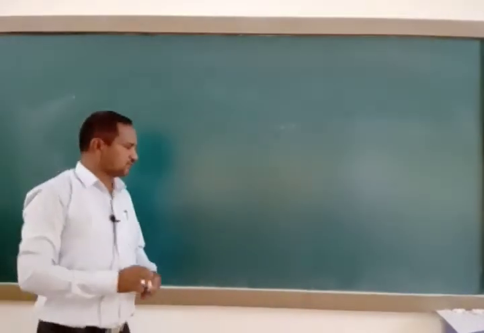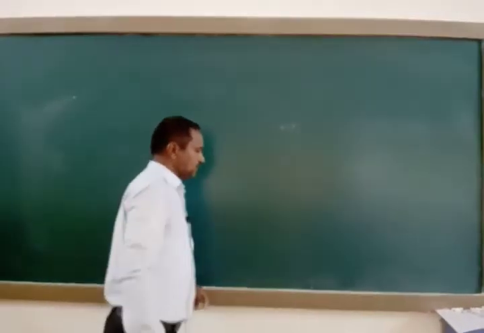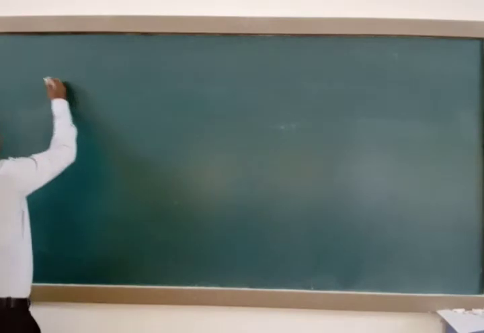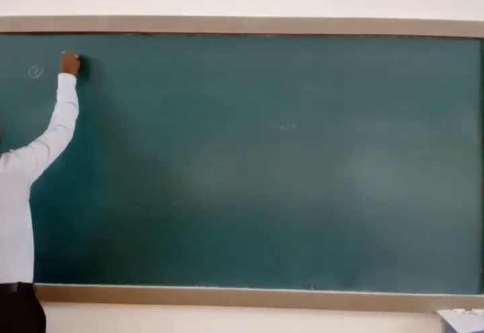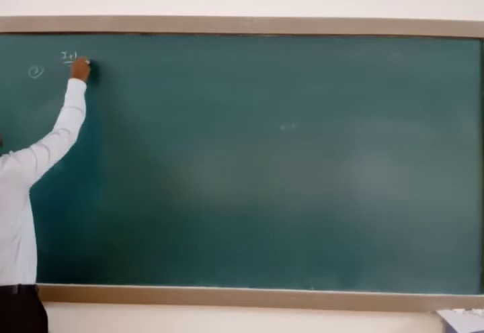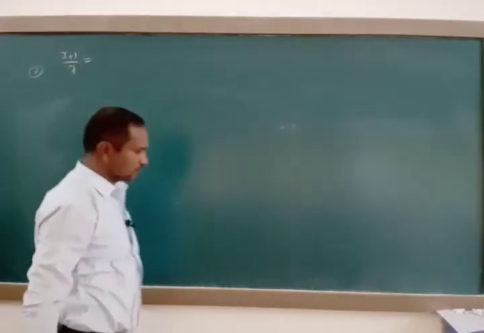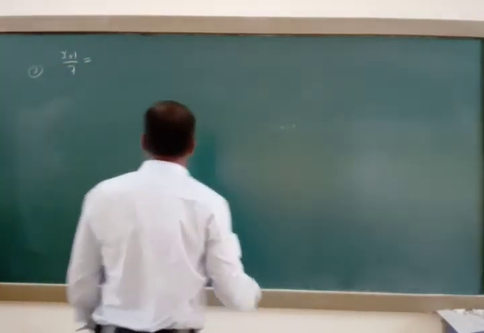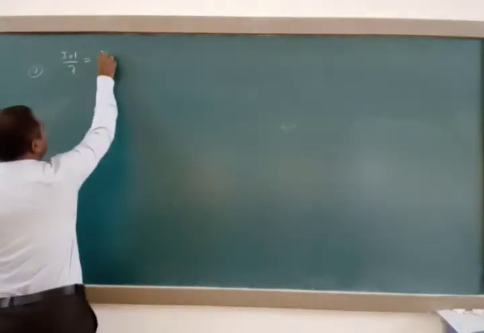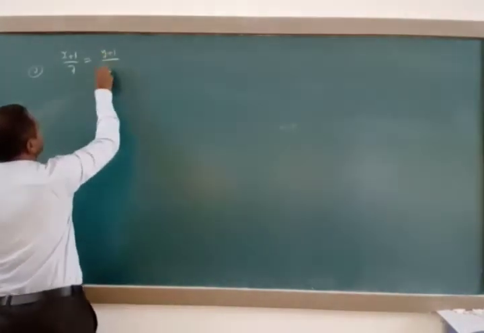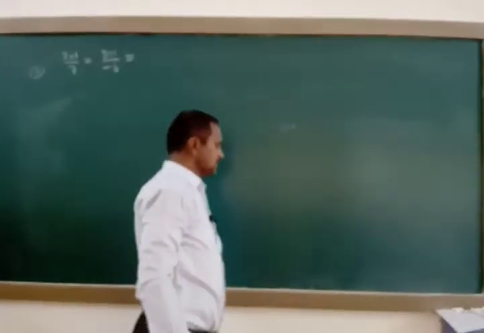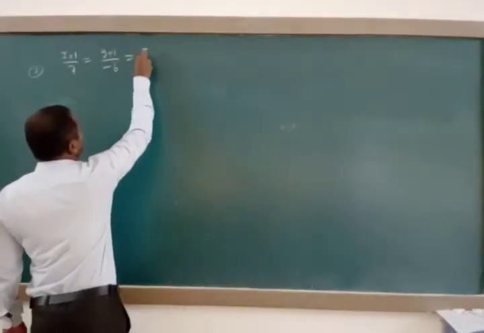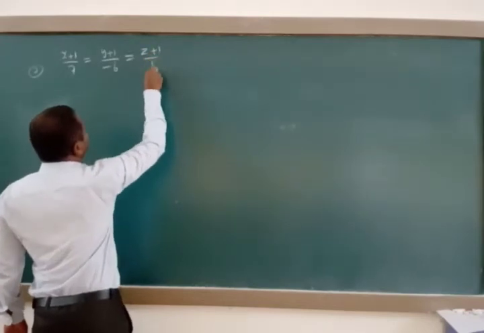Find the shortest distance between the two lines. The second question: x plus 1 by 7 is equal to y plus 1 by minus 6 is equal to z plus 1 by 1.